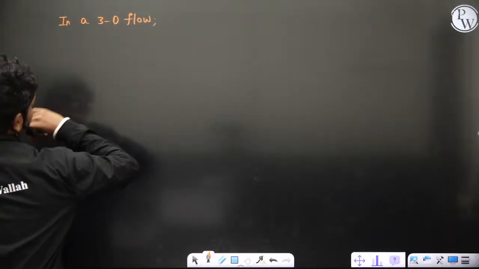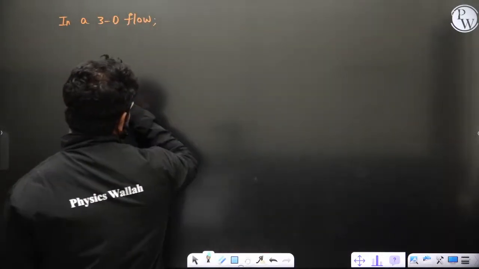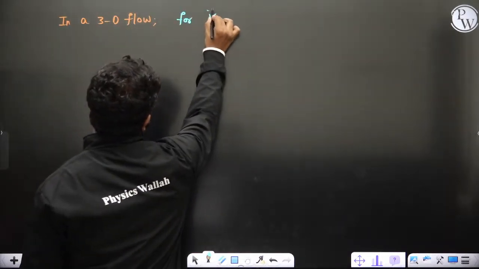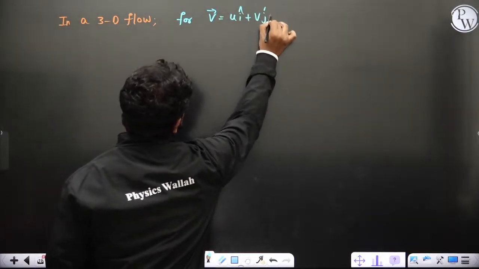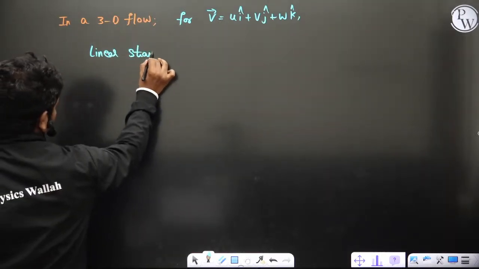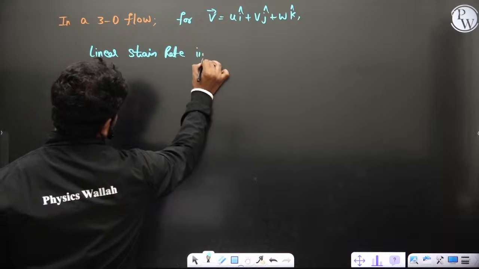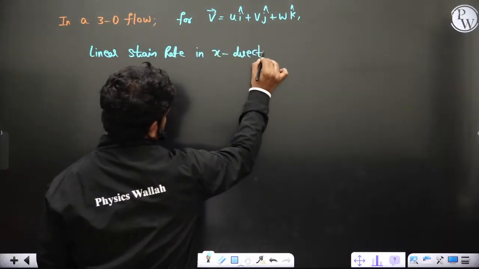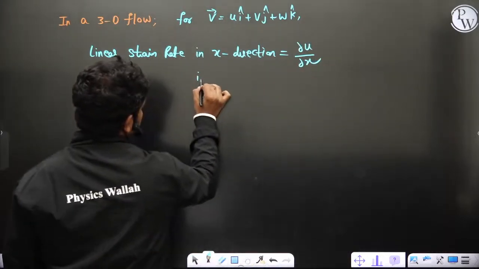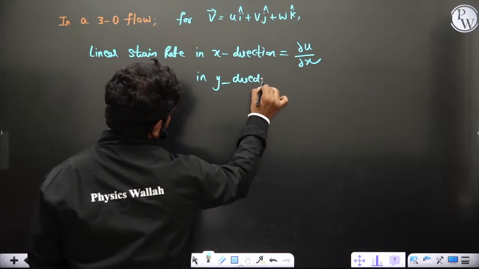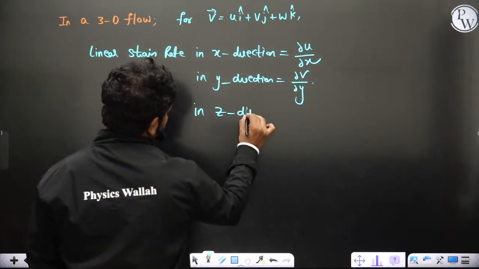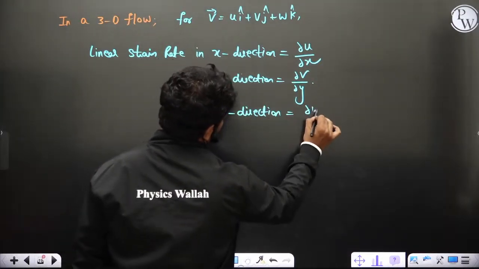So therefore, in a 3D flow in general, for V equal to Ui plus Vj plus Wk, the linear strain rate in x direction is equal to ∂u/∂x, in y direction ∂v/∂y, and in z direction you have ∂w/∂z.